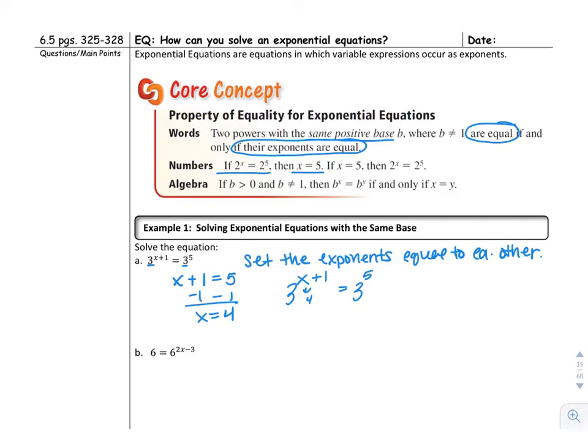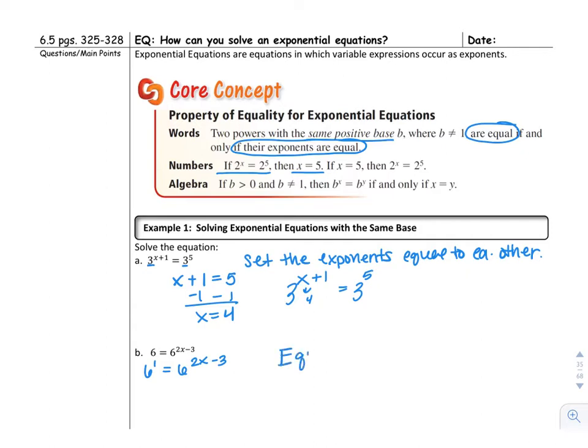We have 6 is equal to 6 to the 2x minus 3. So this first 6 looks like it has no exponent, but technically it's 6 to the 1 is equal to 6 to the 2x minus 3. So since the bases are both 6, we can set the exponents equal to each other.